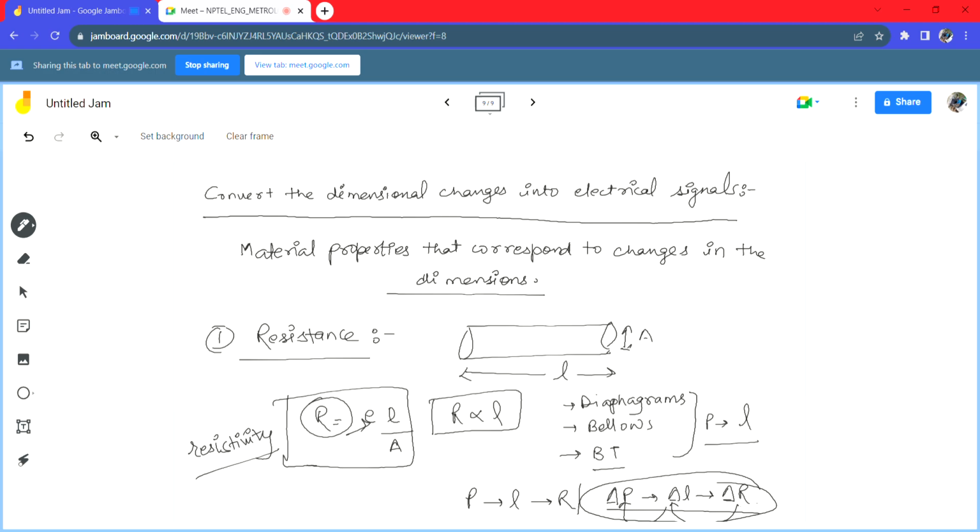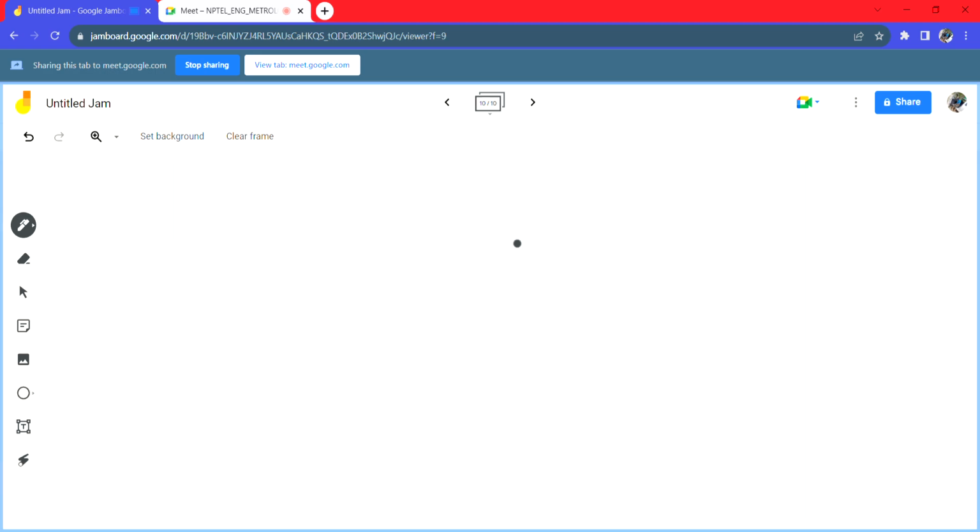One such property we have seen is the resistance. So let us now study in detail these resistive pressure transducers.